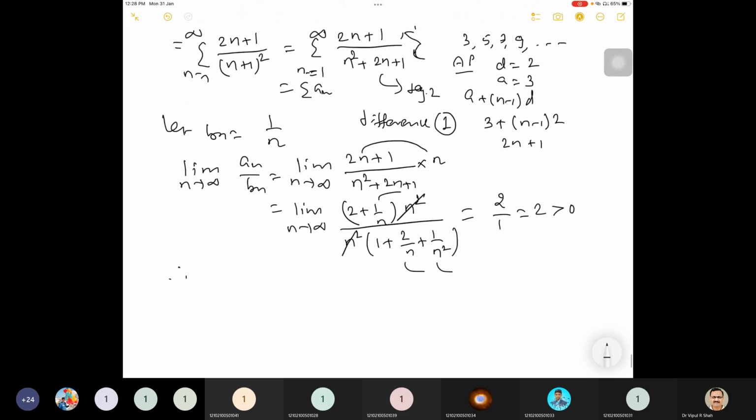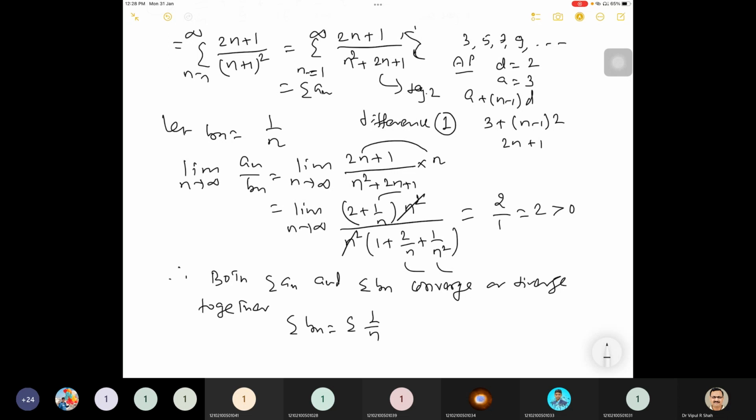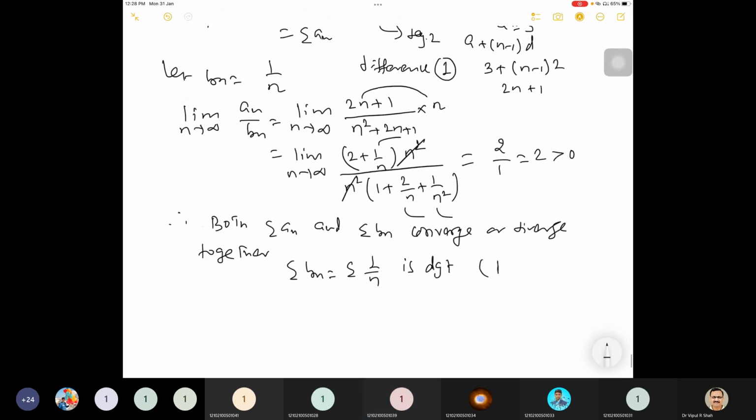So therefore, both series An and series Bn converge or diverge together. Now what can you say about series Bn? Is it convergent or divergent? Divergent, sir. It's a harmonic series. Yeah, it's a harmonic series, p equal to 1.